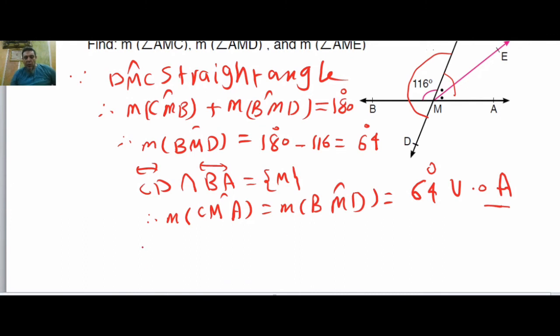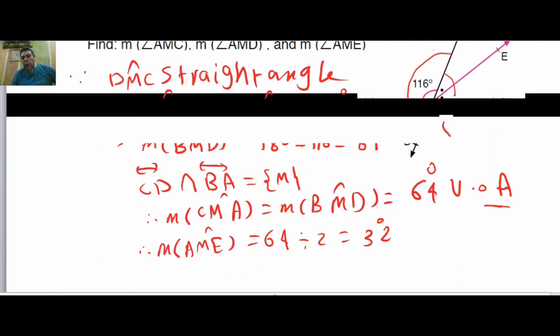Since the two angles AME and EMC are equal in measure, then the measure of each one, measure of angle AME, equals 64 divided by 2, equals 32 degrees.